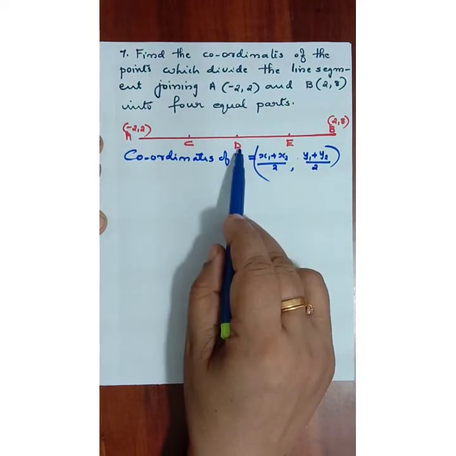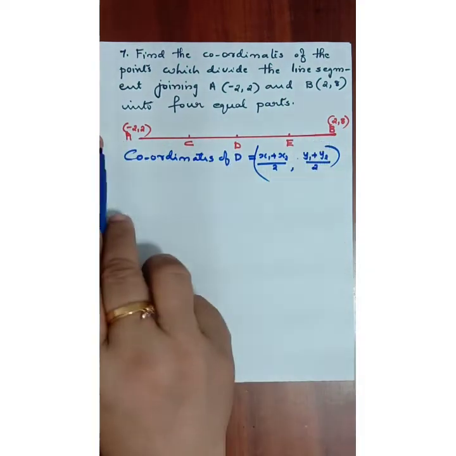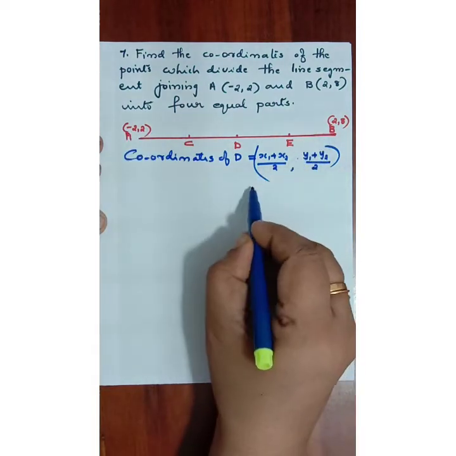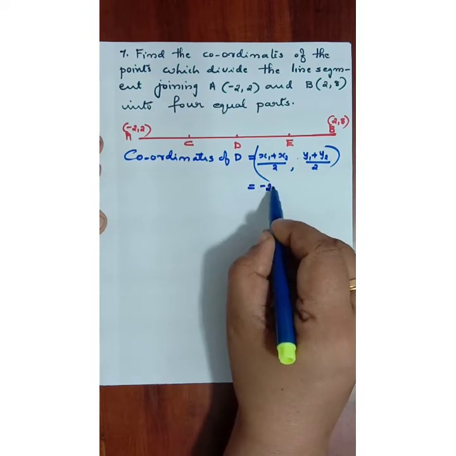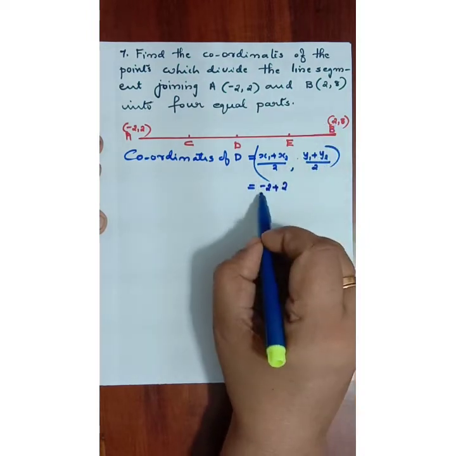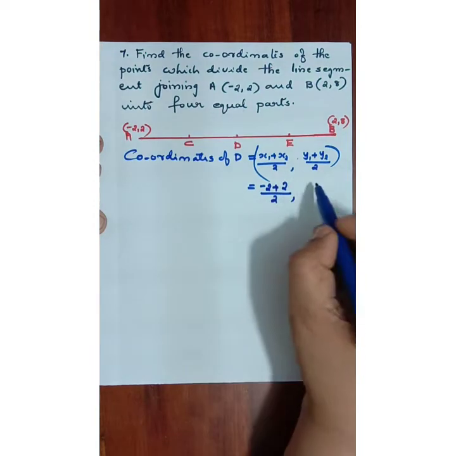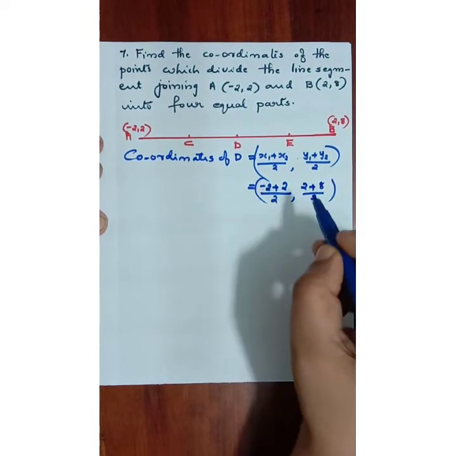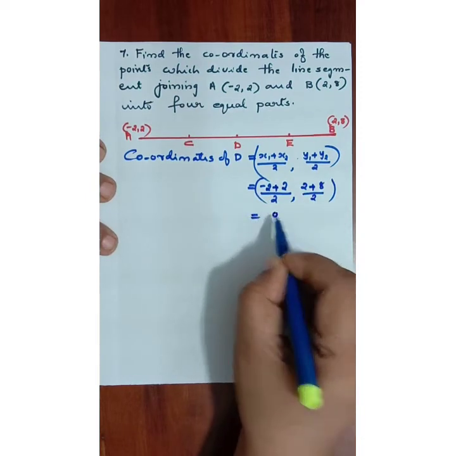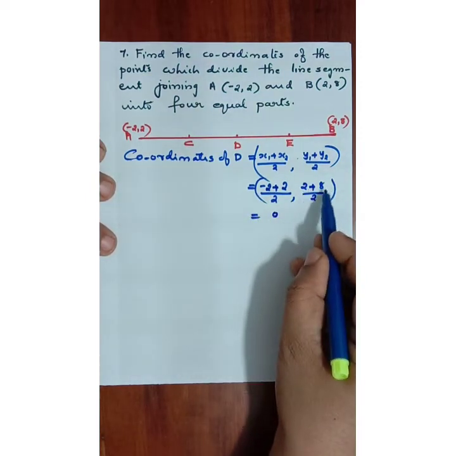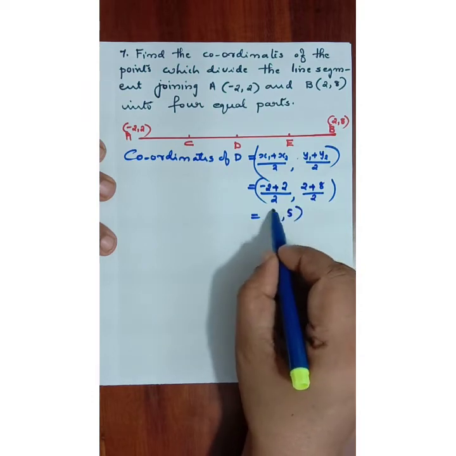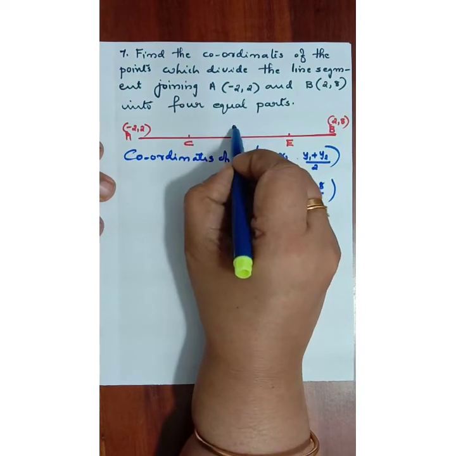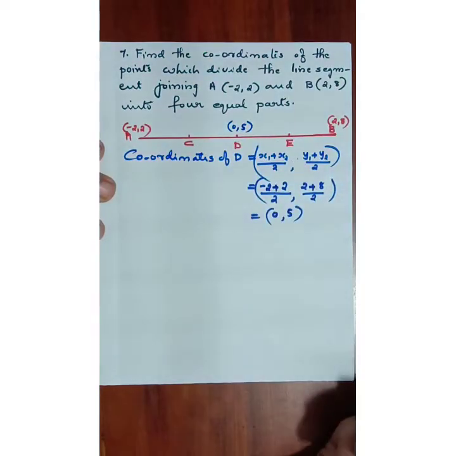So coordinates of D means the extreme points AB, midpoint. A is x1, y1, B is x2, y2. Substitute the values now. Minus 2 plus 2, 0. 0 by 2 is 0. 2 plus 8, 10. 10 by 2 is 5. So 0, 5 is the coordinate of D. Here itself if you mark, it will be easy. 0, 5 I have marked.